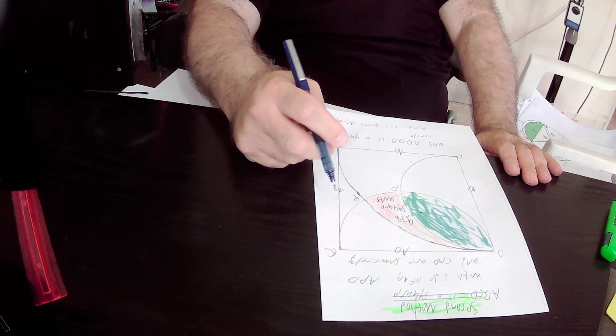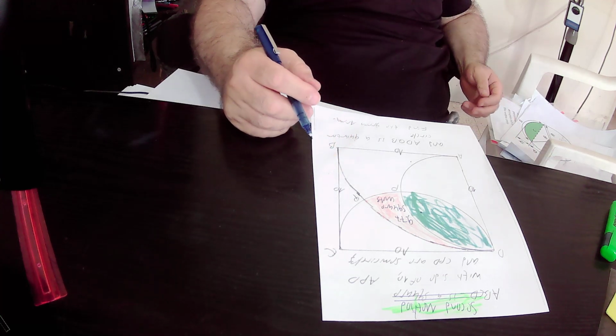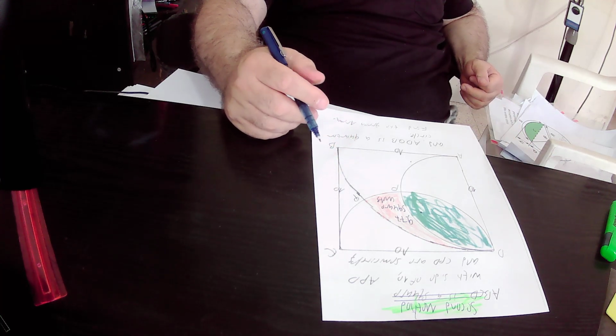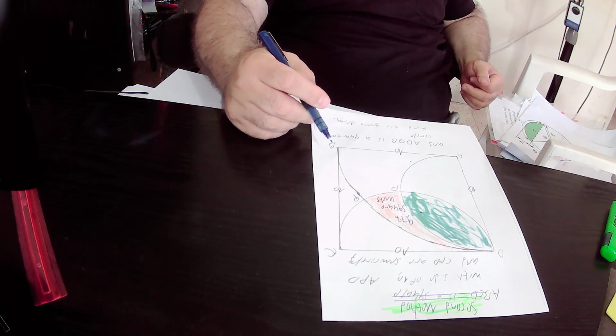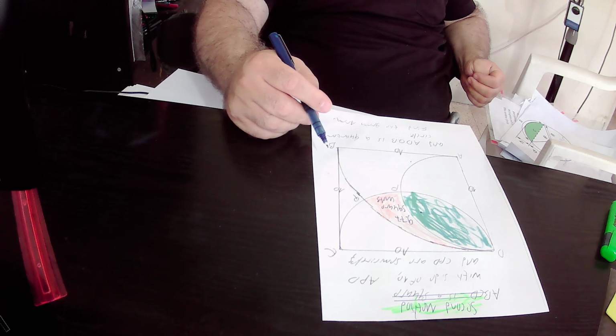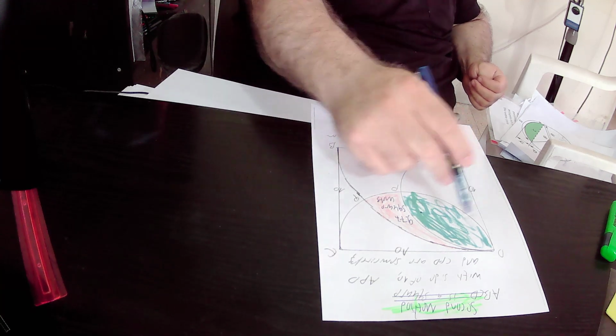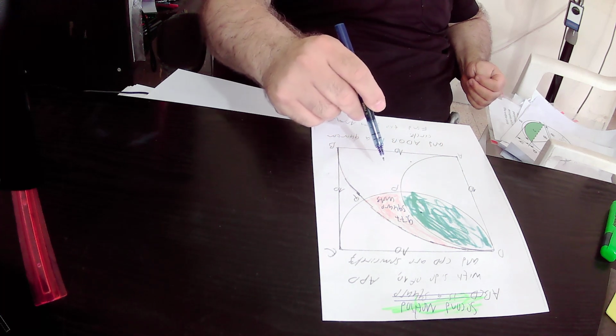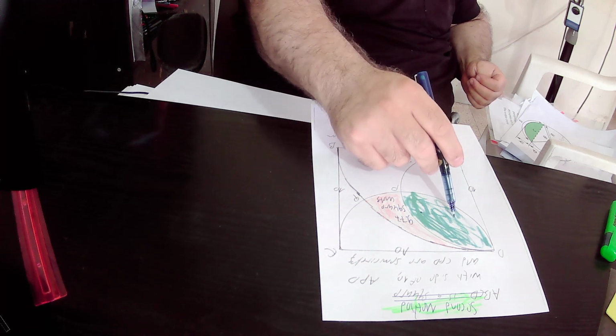I'll repeat again that in the first method we created a general formula for the area of any lens. Then we used it to find the area of the big lens and the blue lens.